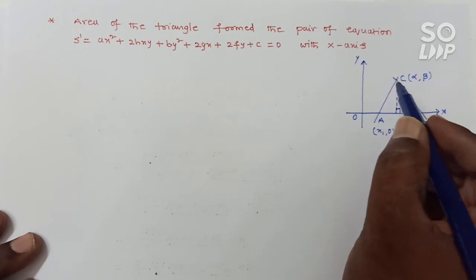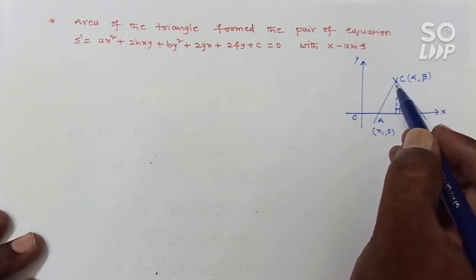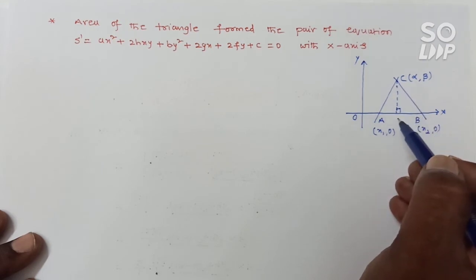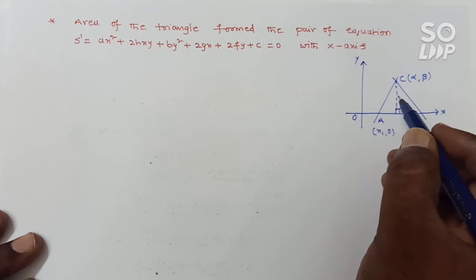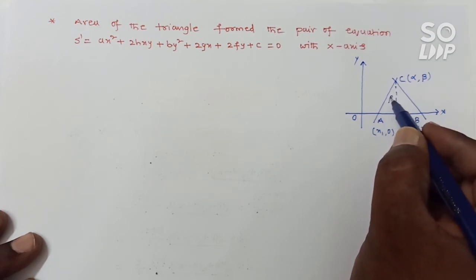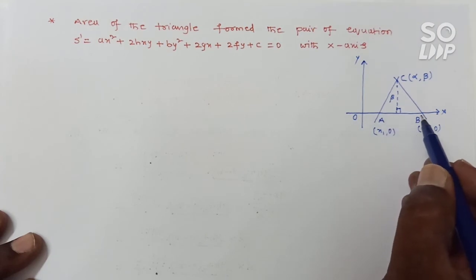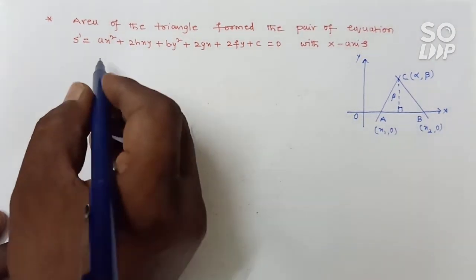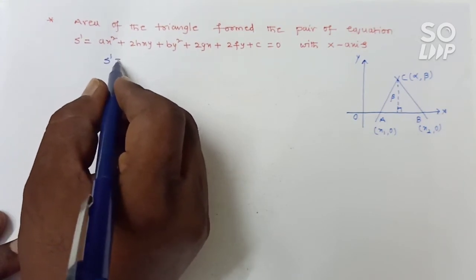You know, in that xy plane, from any point the distance to the x-axis will be equals to modulus of y coordinate. So this value will be equals to beta. And finally we should find only the AB length. See, here S dash is equals to, what is that S dash?